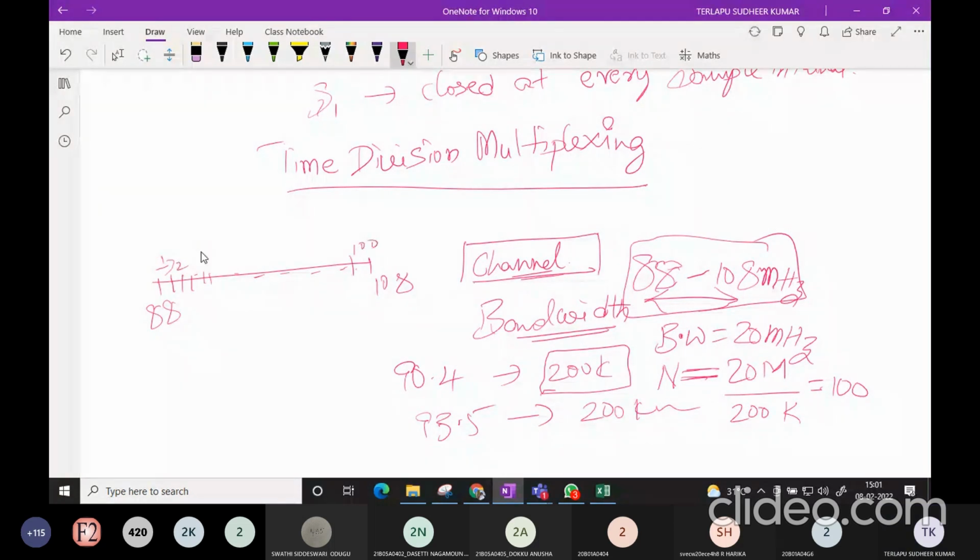Now, what is the x-axis here? Channels? No, channels are the numbers I made. I am asking what is this 88, 108?